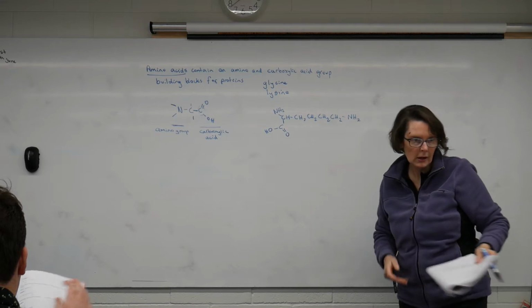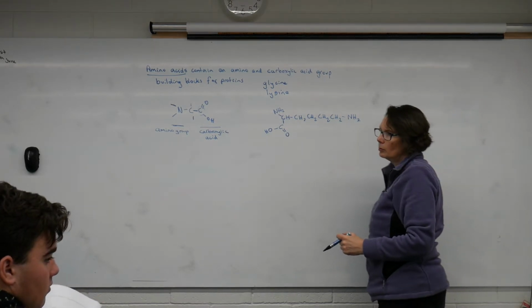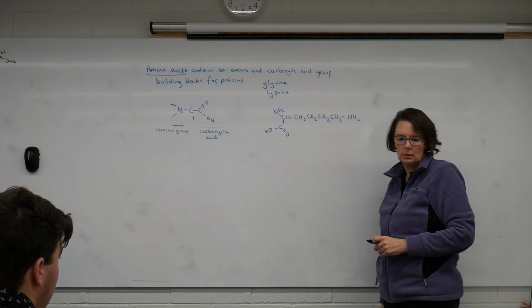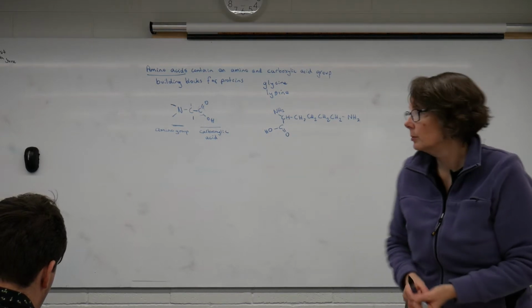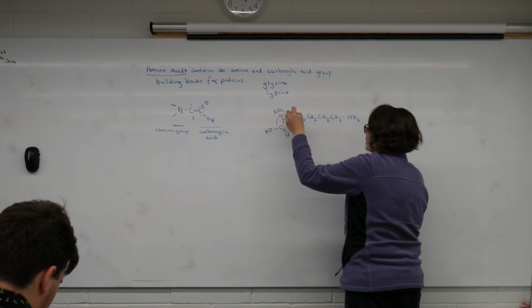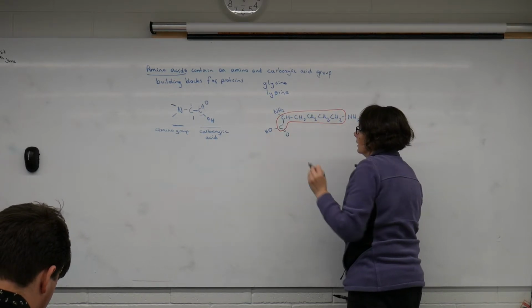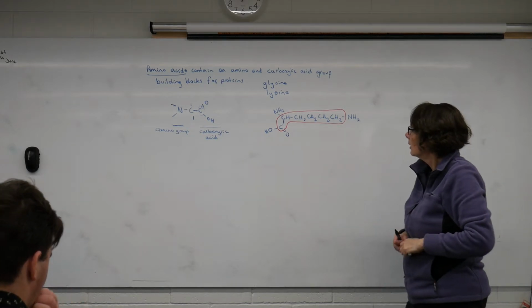So does that meet our requirement that the carboxylic acid is at the end of the molecule? Yes, it does, because remember we need to draw a sausage. And so that is definitely at the end of the molecule.